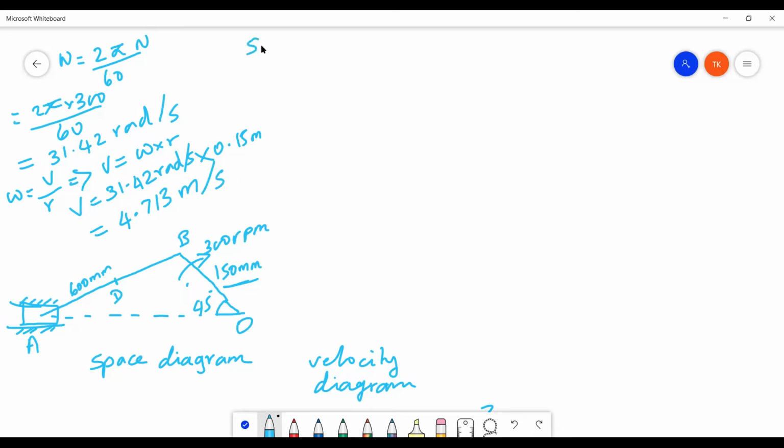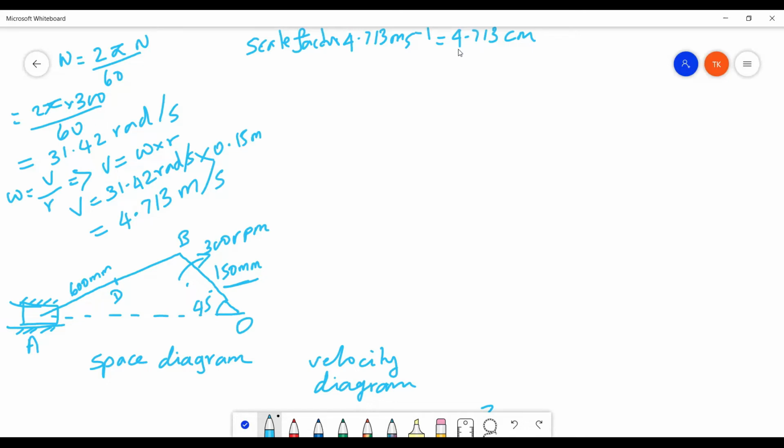Say for example, I am taking a scale factor of 4.713 meter per second equal to 4.713 centimeter, just for an example, okay. You need to mention the scale factor like this, okay.